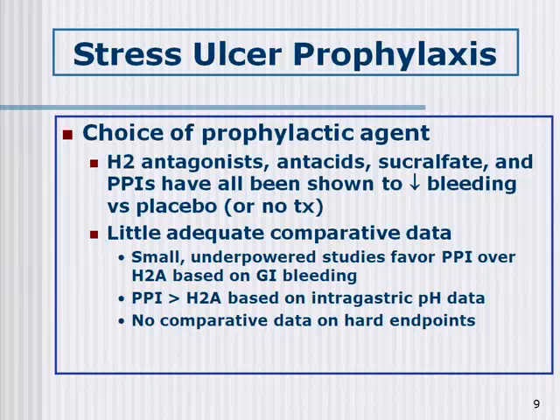But there really are no hard endpoint comparative trials clearly showing that proton pump inhibitors reduce mortality. So I think it's just a matter of intuitively we know that proton pump inhibitors are more effective than H2 receptor antagonists based on pH and based on, again, some small studies looking at GI bleeding. And as a result, many of these drugs are now generic and they come in IV and oral forms. So I think they've become kind of the standard of practice.